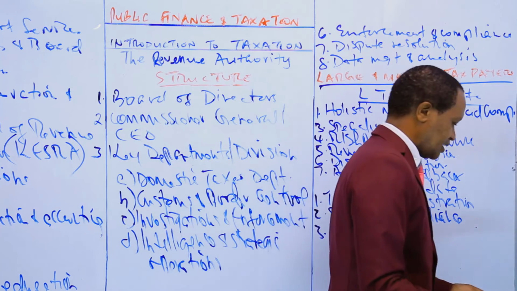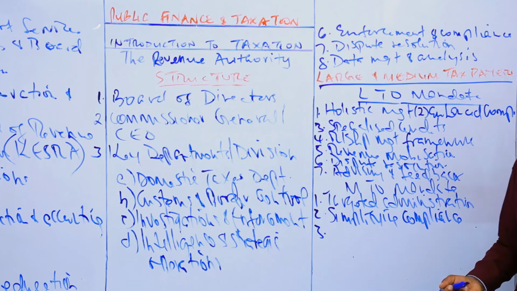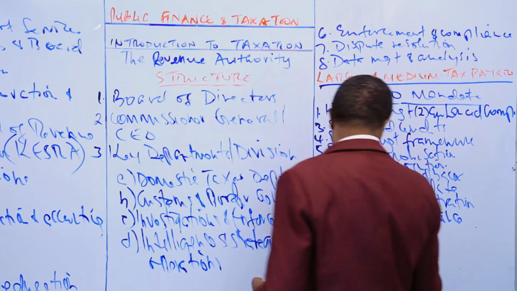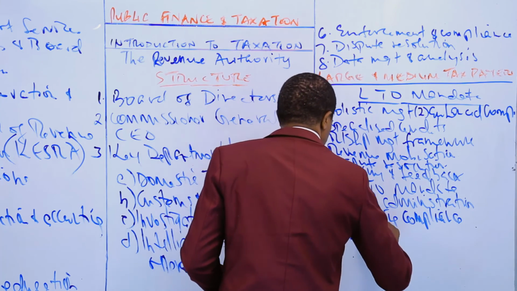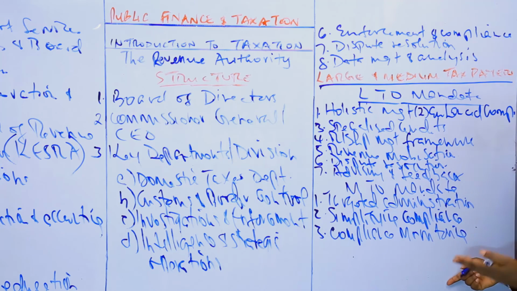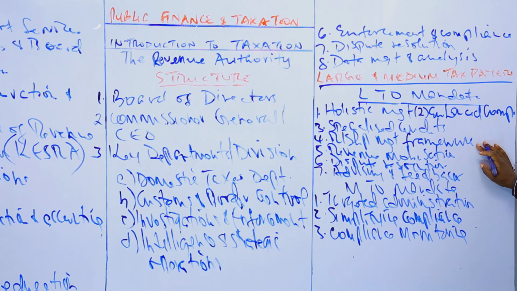The third mandate of the MTO is compliance monitoring, to monitor compliance of the medium-size entities.